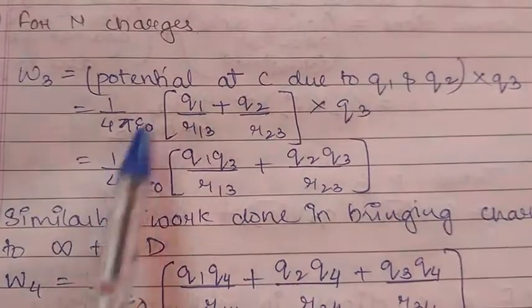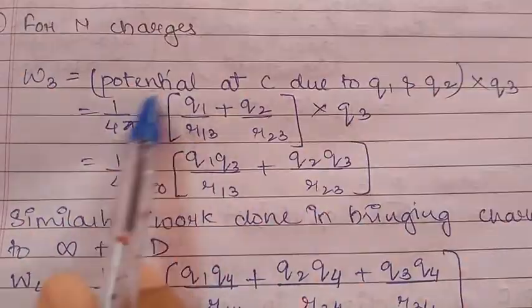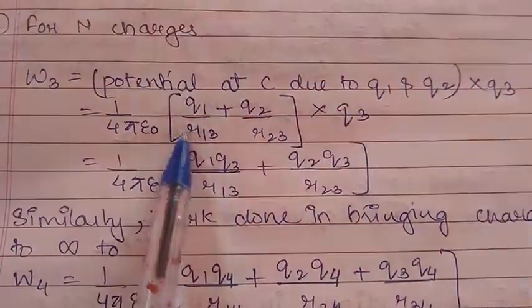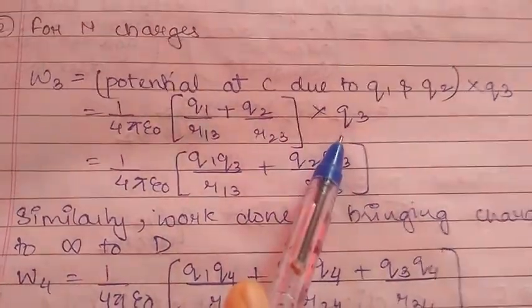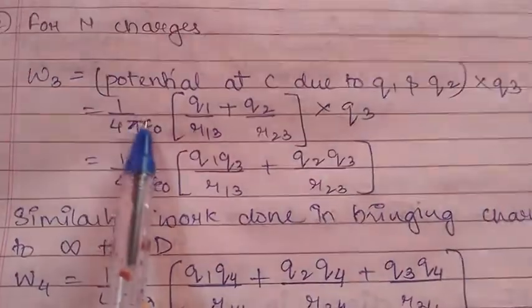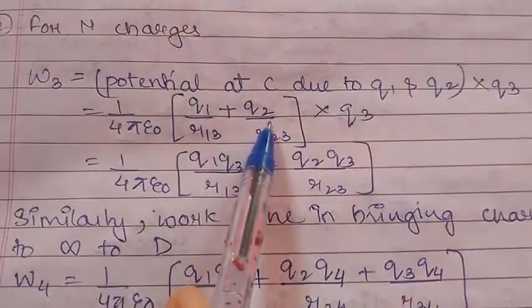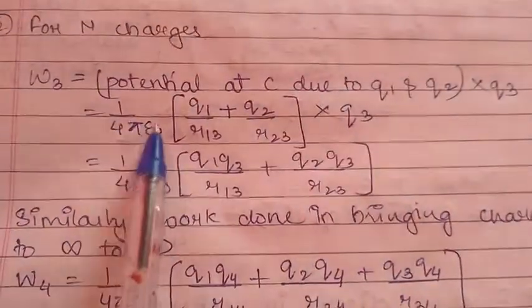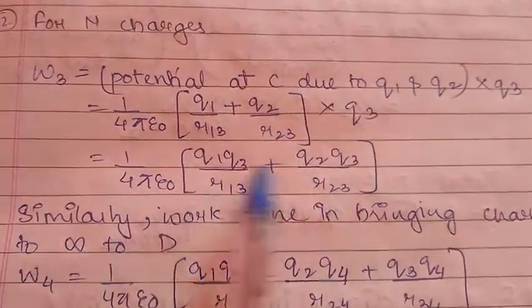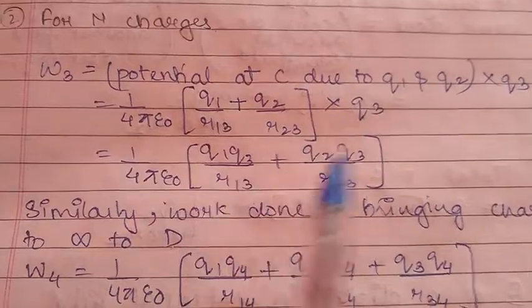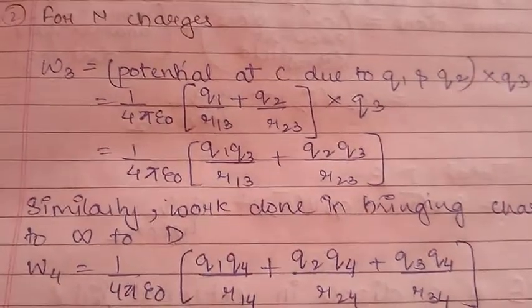That is 1 upon 4 pi epsilon naught Q1 by R13. So this is the potential due to the charge Q1. Now this potential into Q3 is the work done against charge Q1, and similarly, this is the work done against charge Q2. So taking out this common constant, you have in brackets this value. If you multiply Q3 inside, you will get this formula.